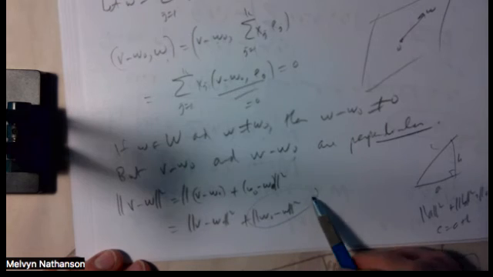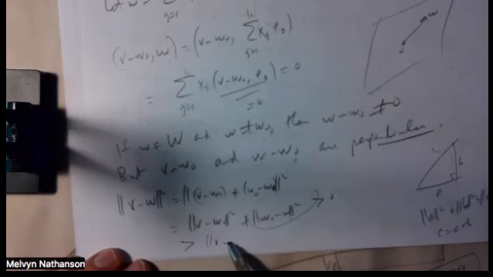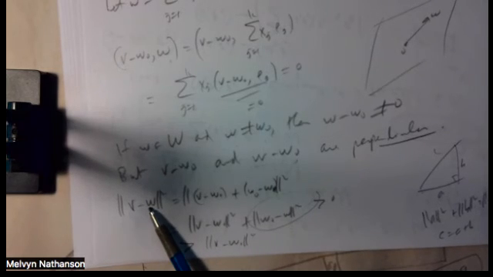And this is positive, because this is a non-zero vector. A vector has length 0 if and only if it's 0. So this is greater than the length of V minus W0 squared. And this is what I wanted to prove, that if I take any vector W in the subspace W different from W0, the distance from V to W is strictly bigger than the distance from V to W0.